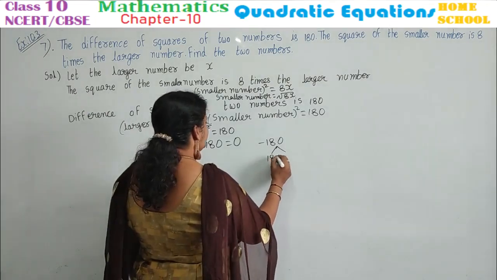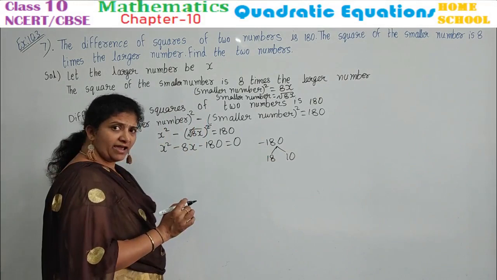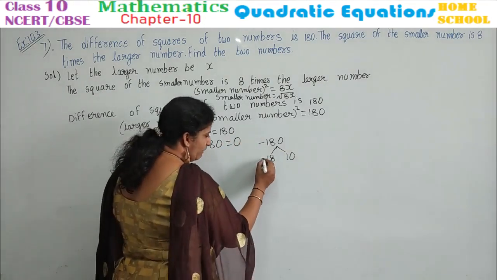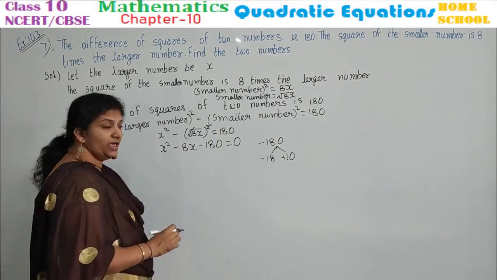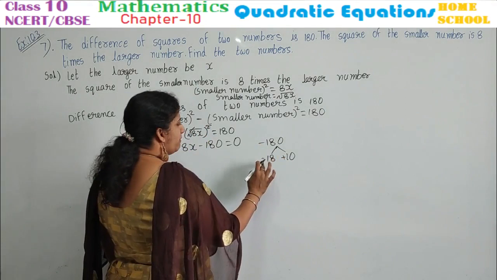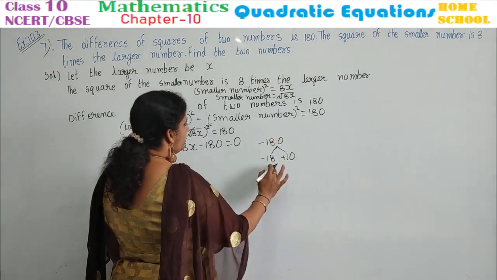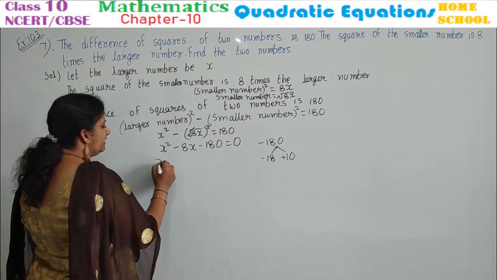But I should get minus 8. How can I get minus 8? If I take minus 18 plus 10, you are going to get minus 8. If you multiply, are you getting minus 180? Yes. Minus into plus is minus. 18 tens are 180. Split the term.